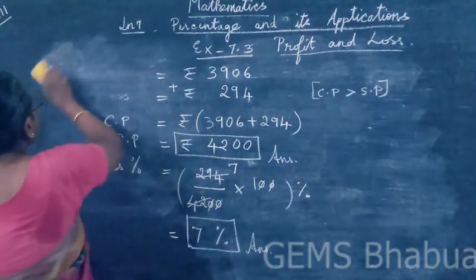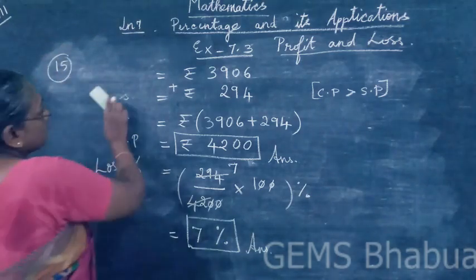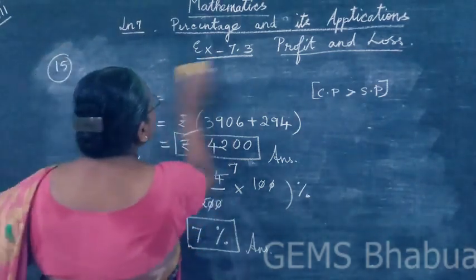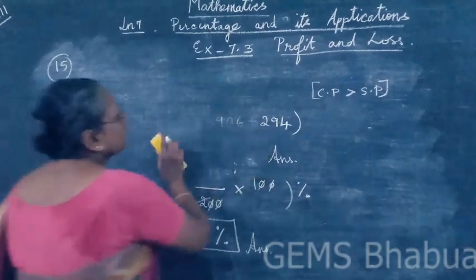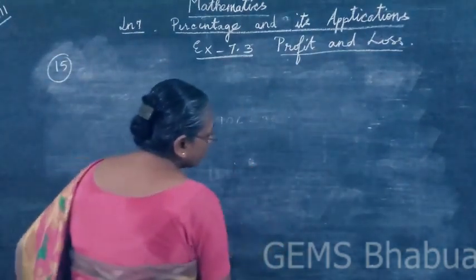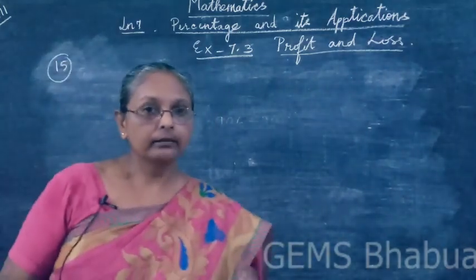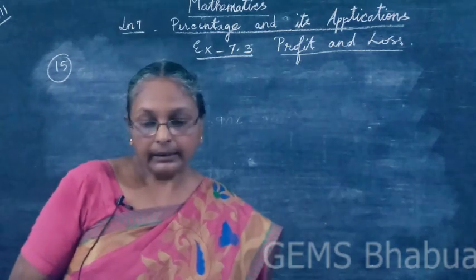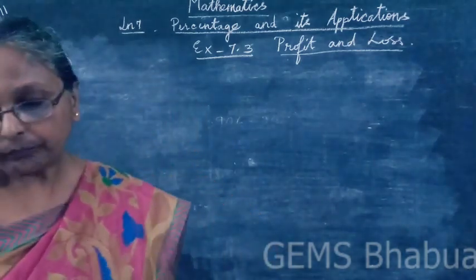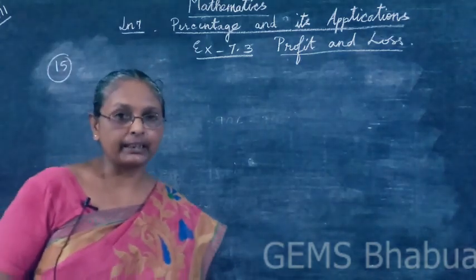In this sum, we have two cases. First, there is one selling price. The person is selling the article for one price, and he has a loss of 9%.